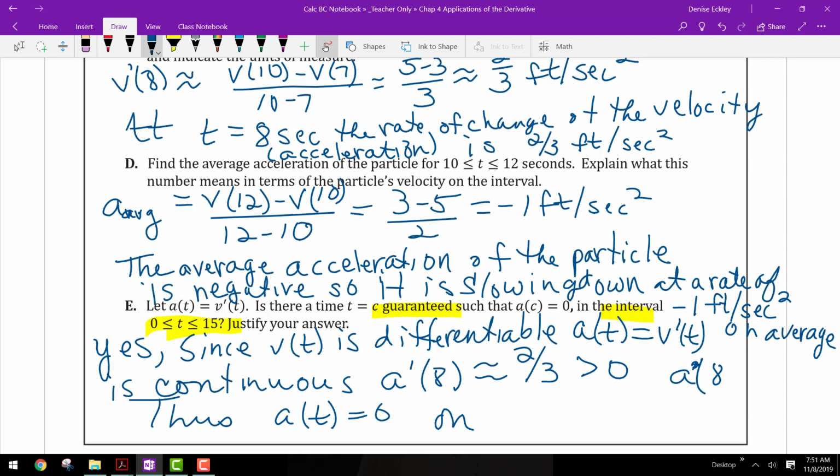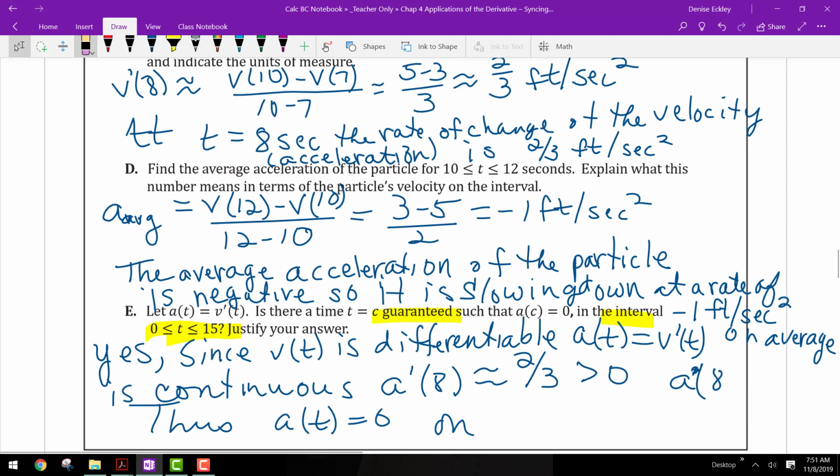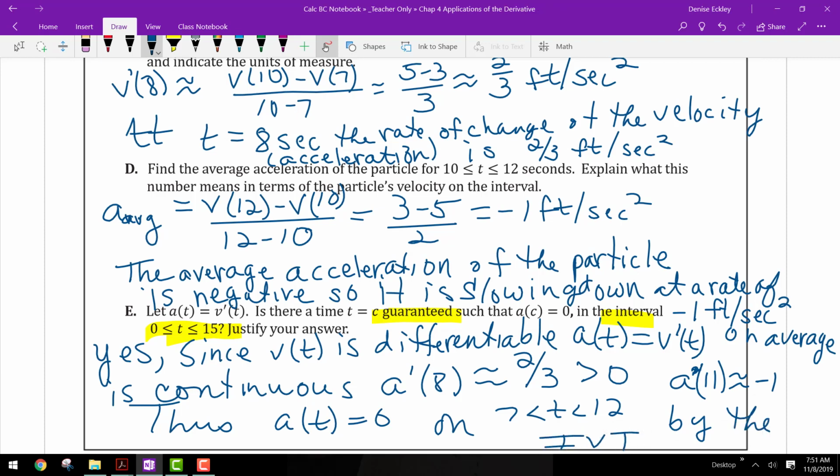So you could say A of 11 is approximately equal to -1. Thus A of t equals 0 on this interval, by the IVT. And I'm going to stop there, and we'll continue this in the next video.